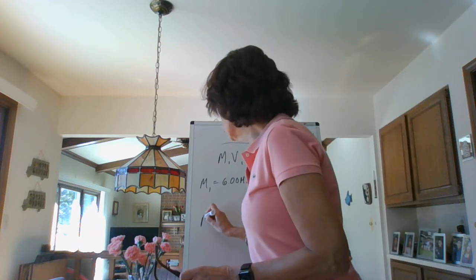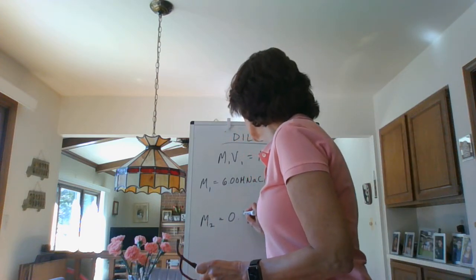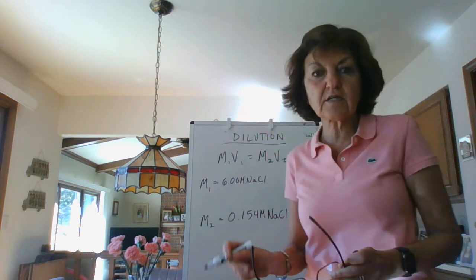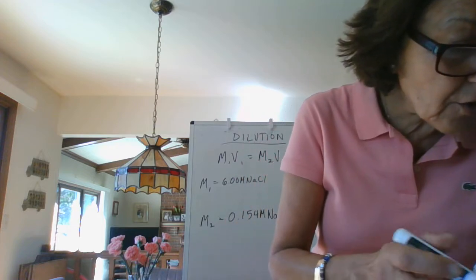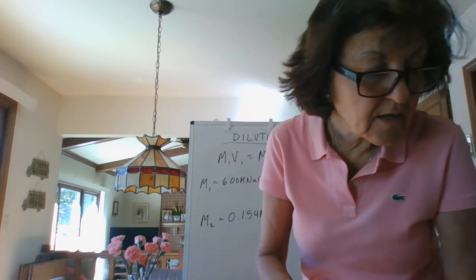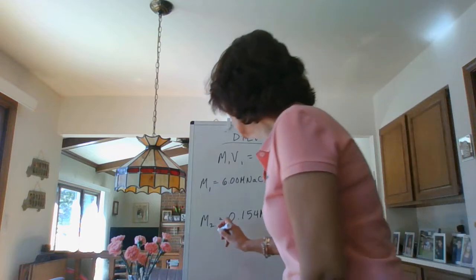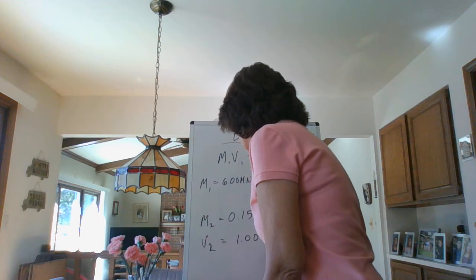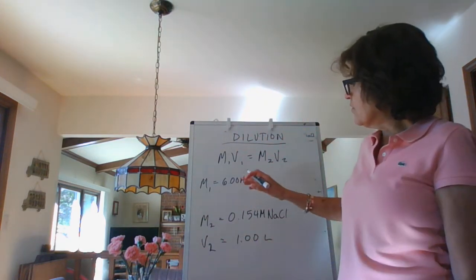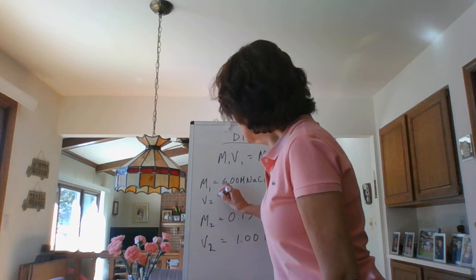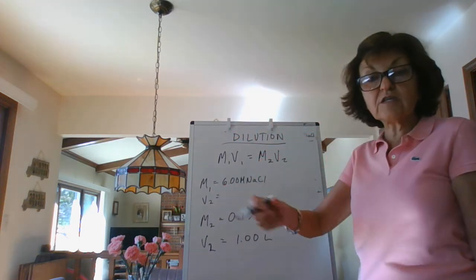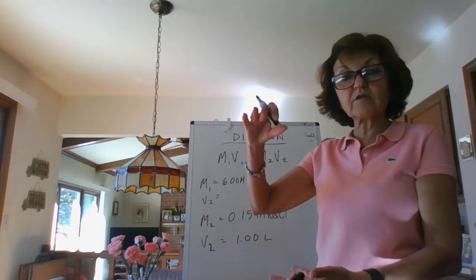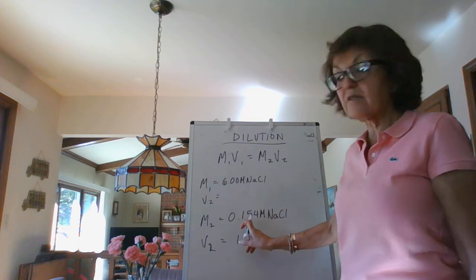So your final molarity, you want to be 0.154 molar sodium chloride, because that's your physiological saline. And you want a liter of that. So the question is, how much of this do you need to take out and put in a volumetric flask and fill up with water to a liter in order to get this molarity?